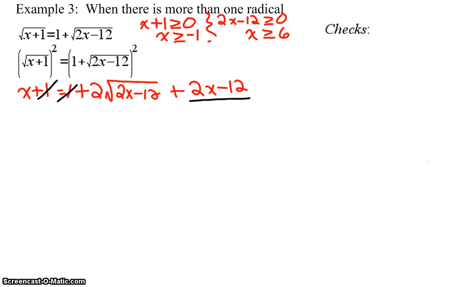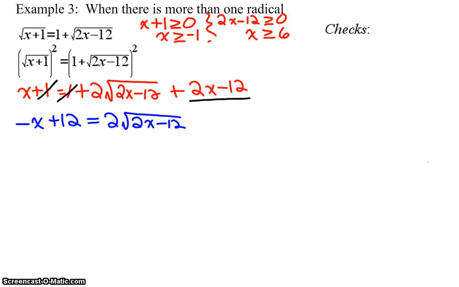So let's get rid of the 2x minus 12 first. I'm going to subtract 2x on both sides, which gives me negative x. I add 12 on both sides, which gives me positive 12. On the other side, I get 2 square roots of 2x minus 12.